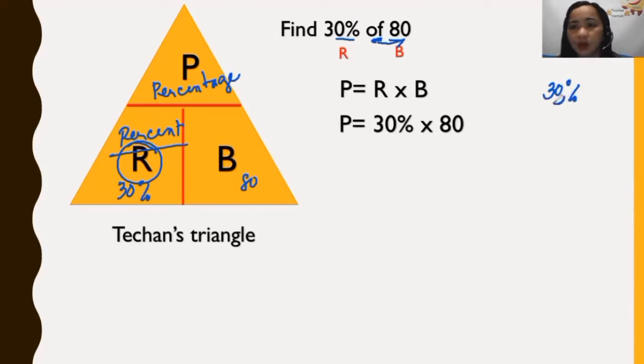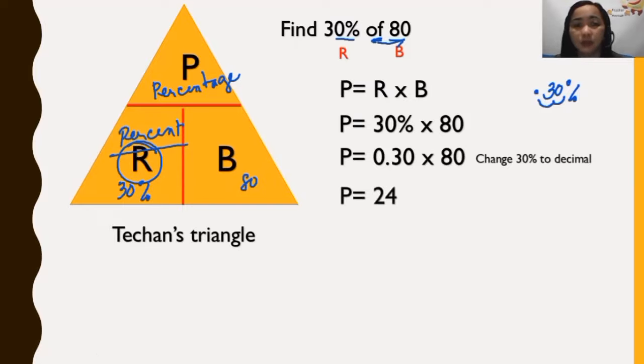We have here 1, 2. So magiging 0.30, or 30 hundredths, that times 80, that is change 30% to decimal.